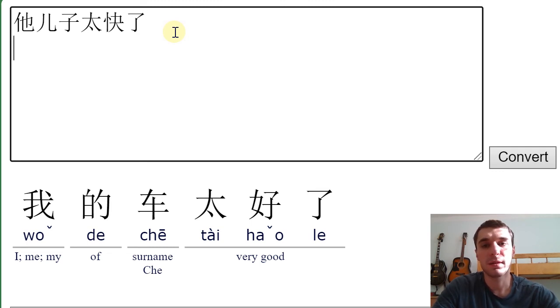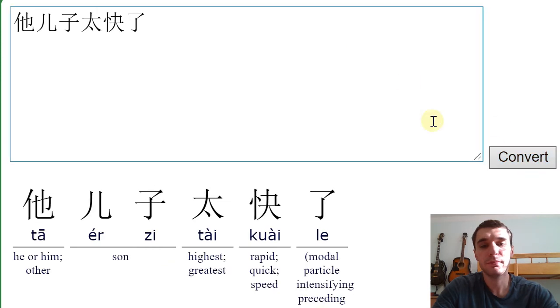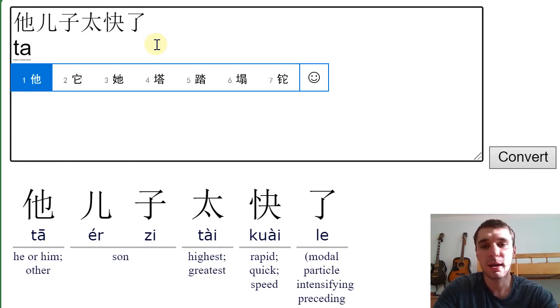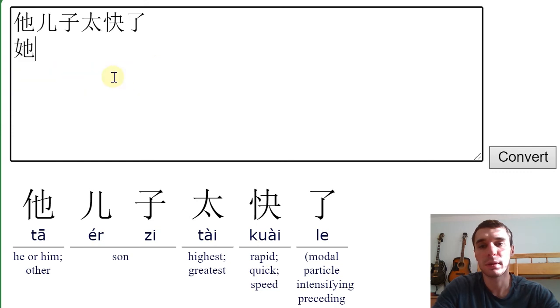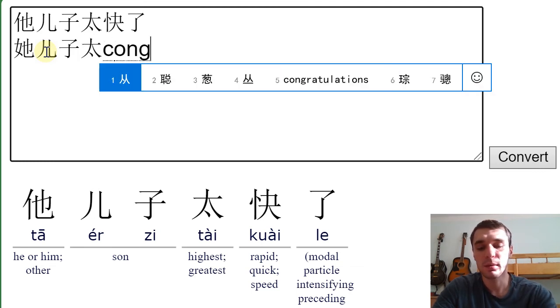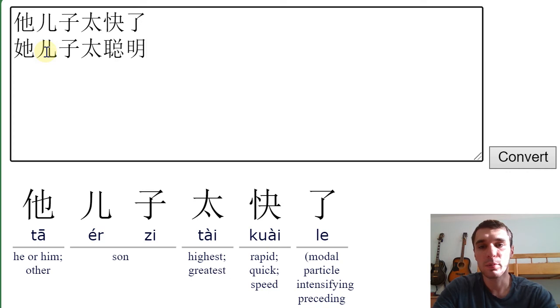Her son, the same. Her son is so clever. Let's select this. Now her. 他, but now I choose not this character, but this character for woman. 她儿子, her son. Again, so clever. 太 clever is 聪明. 她儿子太聪明了.